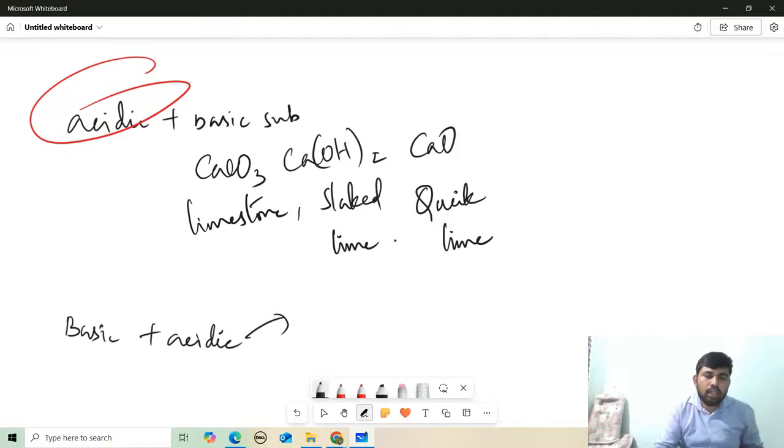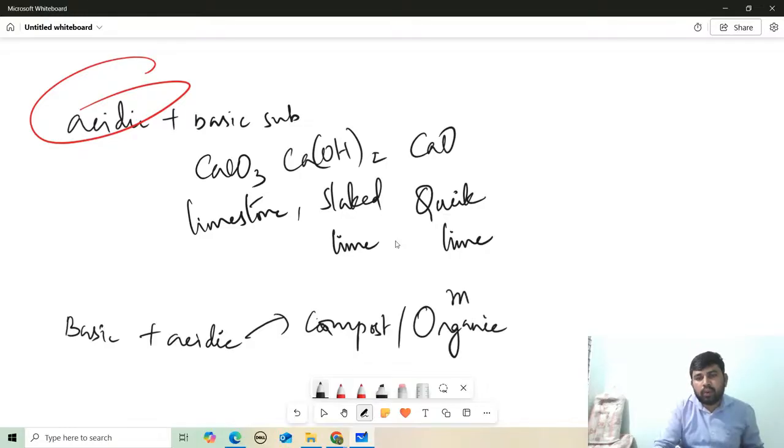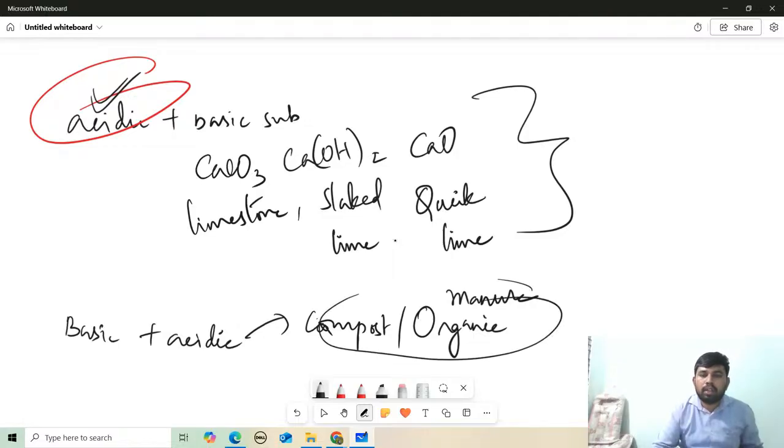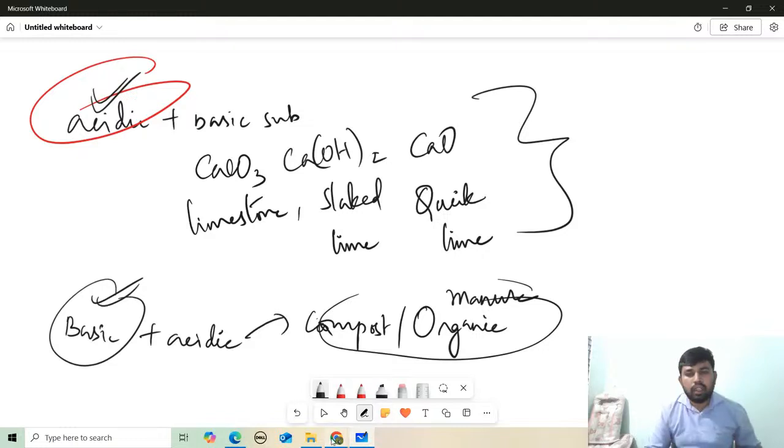This can be added by compost, or we can add organic manure. If a question is asked, the farmer is adding compost and manure, and what is the nature of the soil? It is basic soil. In this way we can understand these things.